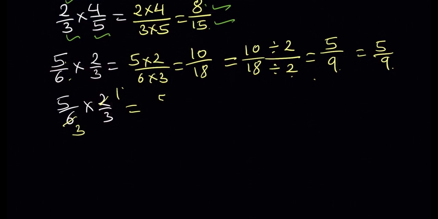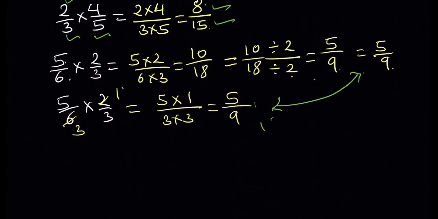So our answer is 5 into 1, 3 into 3, which is equal to 5 by 9. So our answer is 5 by 9. You can do it this way or that way.